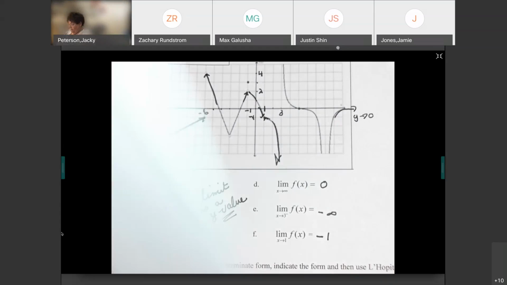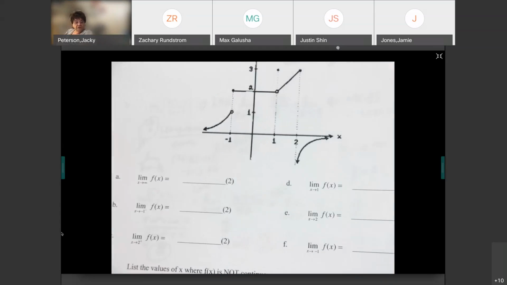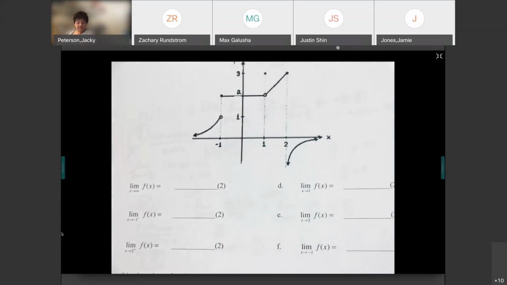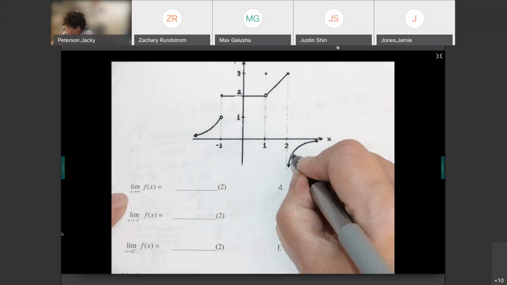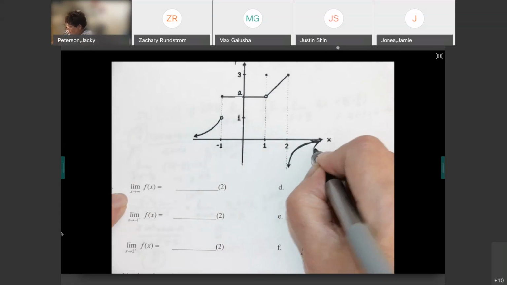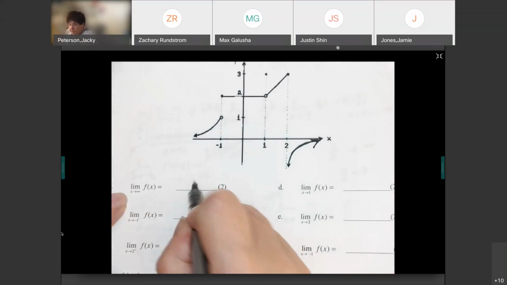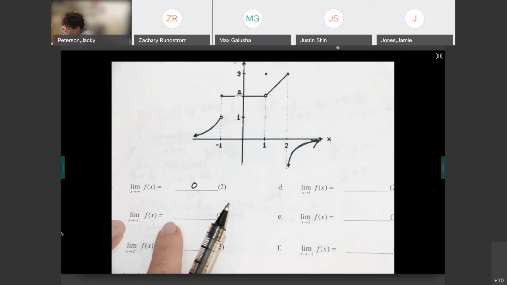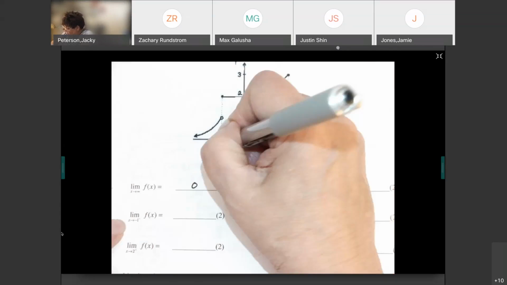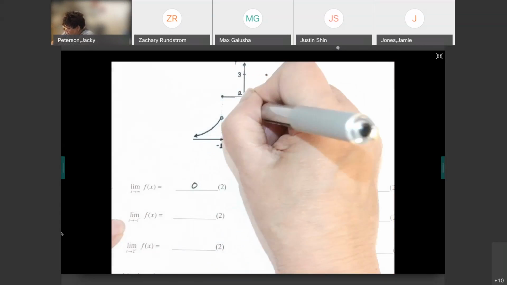Here's the exam that you took, right? X goes to infinity, that's this guy, so he's going to 0. X goes to 1 from the left, here's -1 from the left.